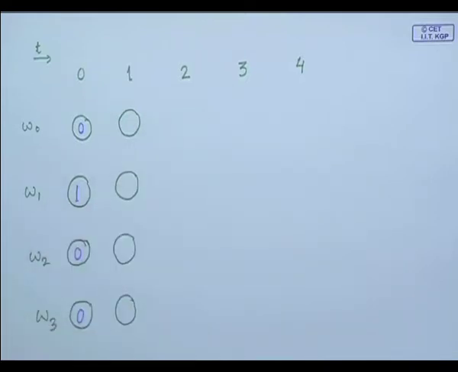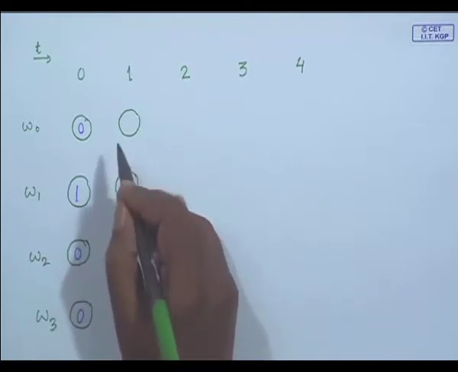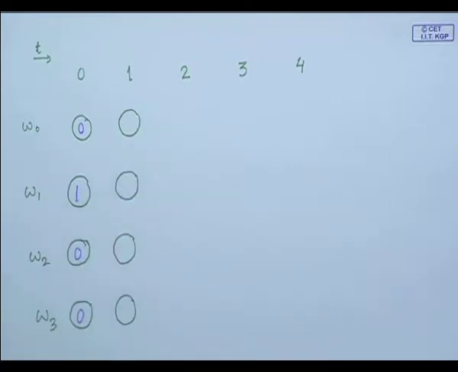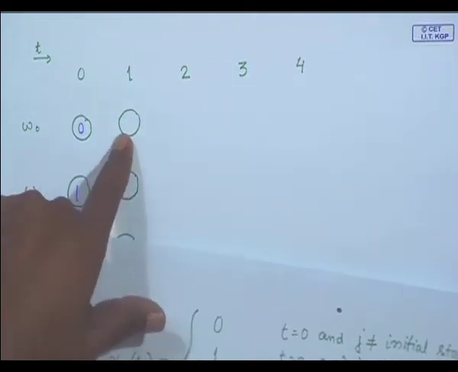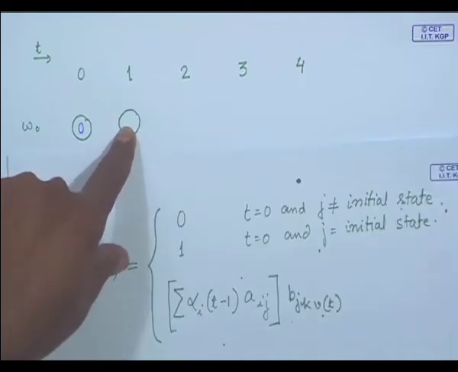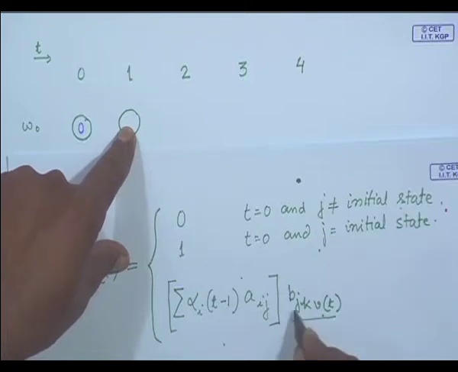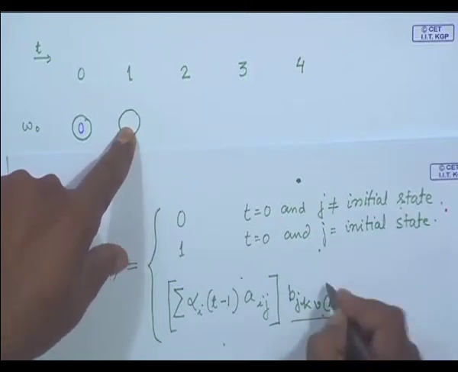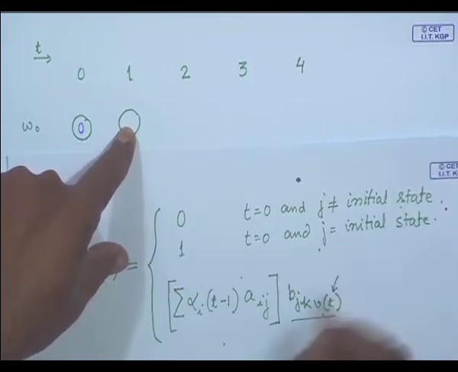So, if I do this transition, then as we said over here, what is the value of alpha at this time step, that will be given by this expression. And in this expression, I have multiplied by this transition probability, where this transition probability is dictated by V 1.